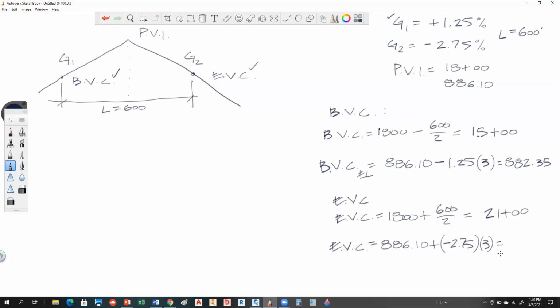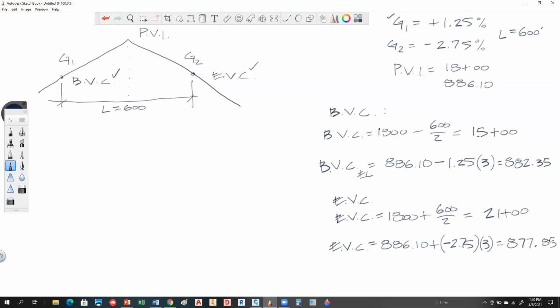So we have 2.75 times 3. It's dropping from the PVI to the EVC in 300 feet. It's dropping 8.25 feet. So I'm going to subtract that from the elevation of the PVI, and this gets me 877.85.